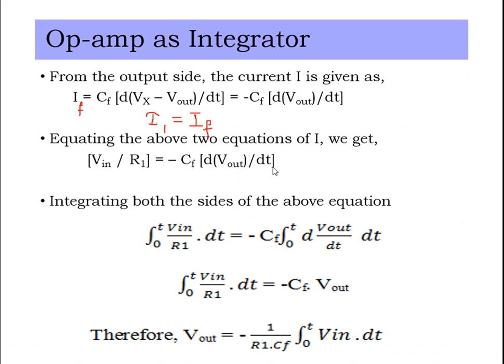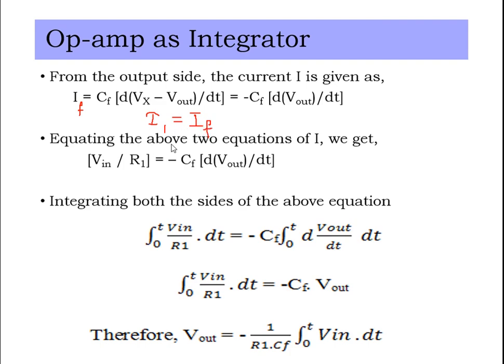So here, If is equal to Cf into d of (Vx minus Vout) divided by dt. We know that Vx is equal to 0, so substituting Vx equal to 0, we get minus Cf dVout divided by dt. So the current flowing through the resistance R1 becomes equal to the current flowing through the capacitor, that is I1 becomes equal to If.